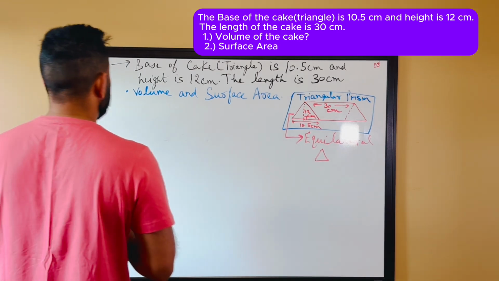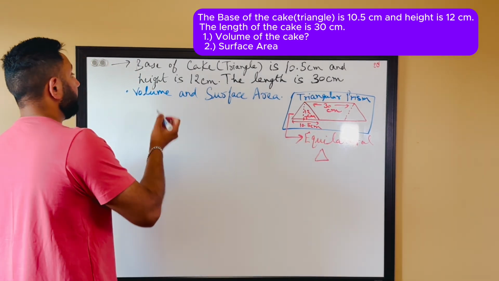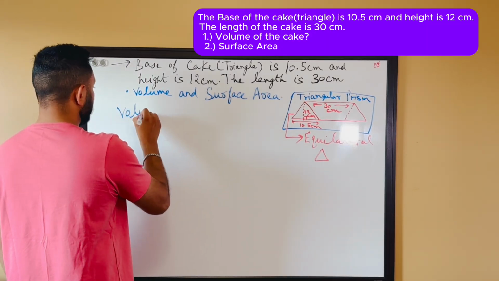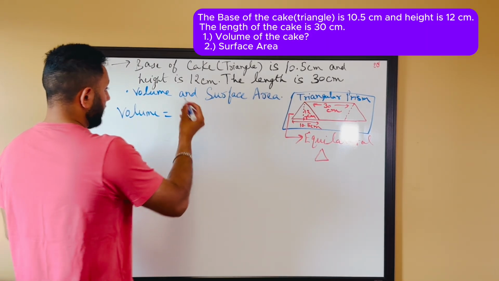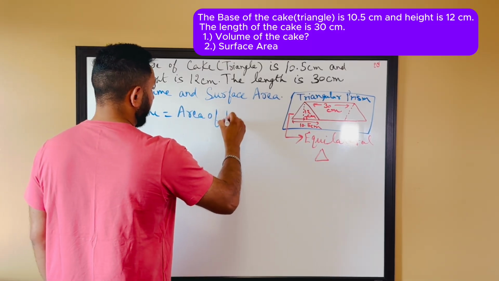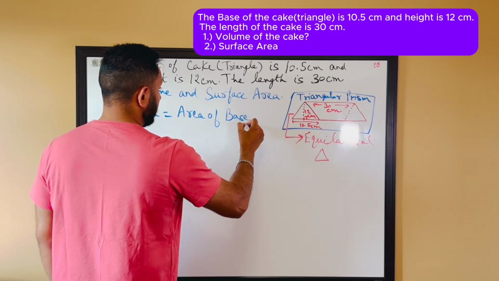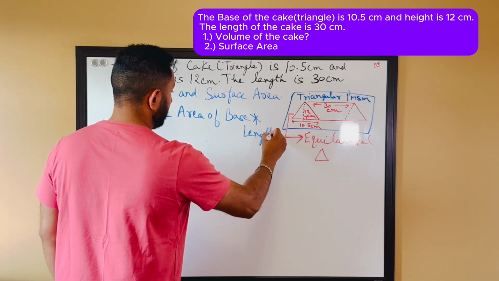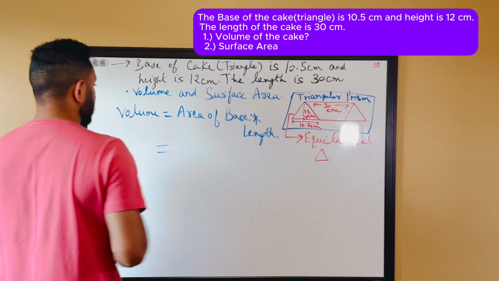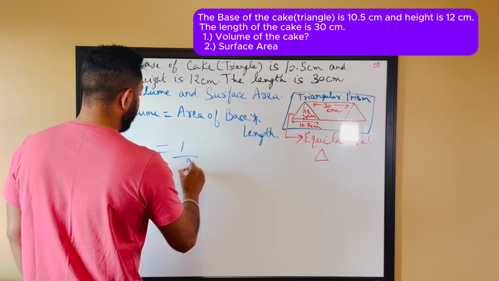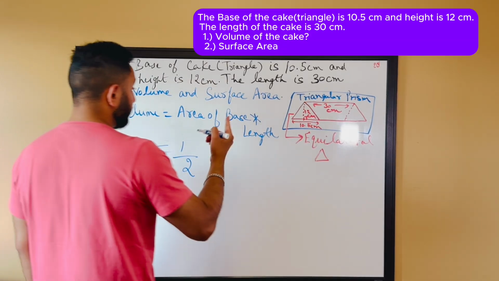So the formula for volume of triangular prism is area of the base, which is triangle, into length. So this implies the area of the base, which is triangle.